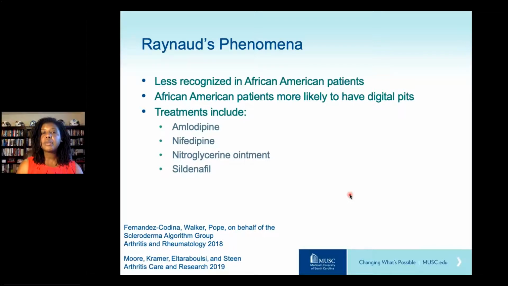However, because of the pigment of African American patients, sometimes Raynaud's phenomenon is a little bit less recognized in African American patients. And interestingly, African American patients are more likely to have digital pits related to Raynaud's phenomenon, which are basically indentations in their digits as a result of the Raynaud's phenomenon.